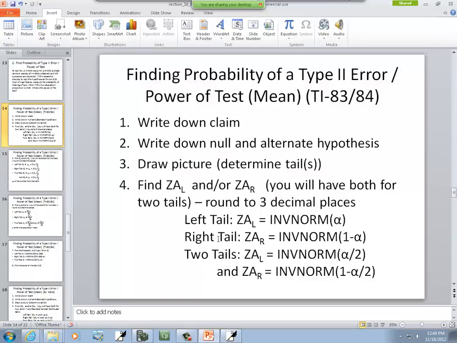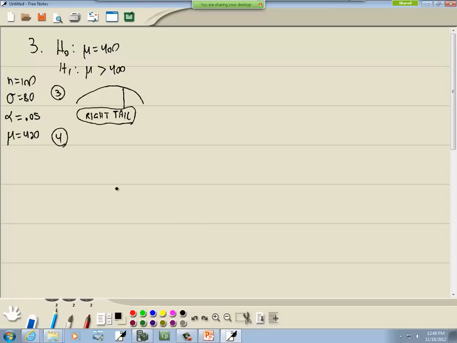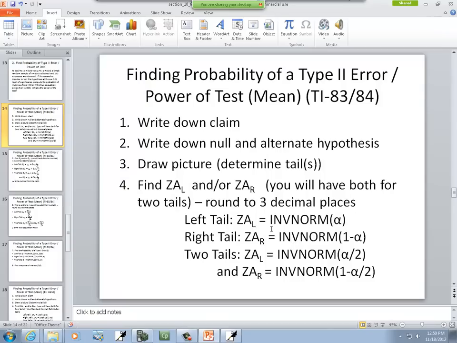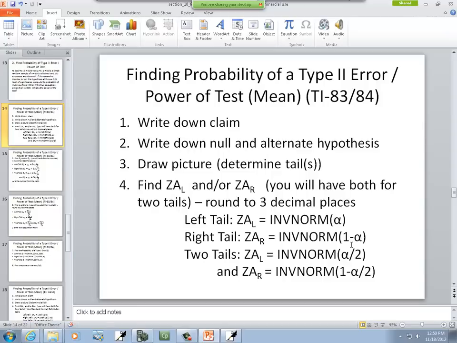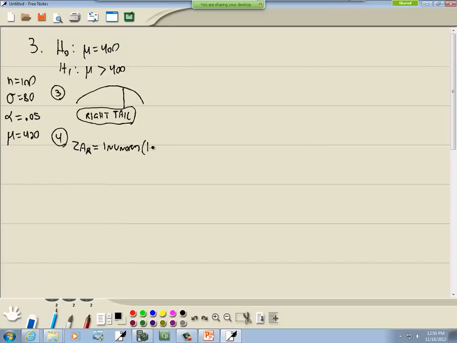Right tail says find ZA sub R. So ZA sub R is equal to INV norm of 1 minus alpha. So we're going to do INV norm of 1 minus 0.05.